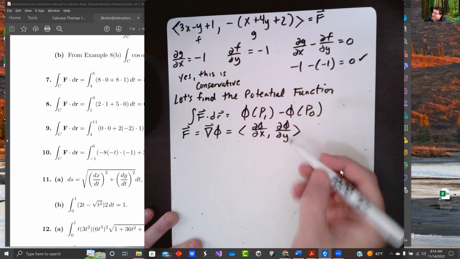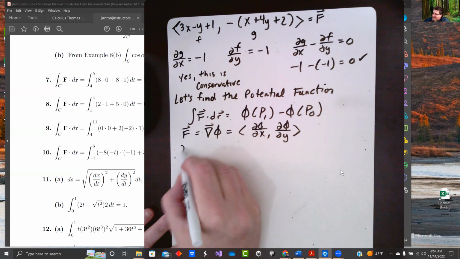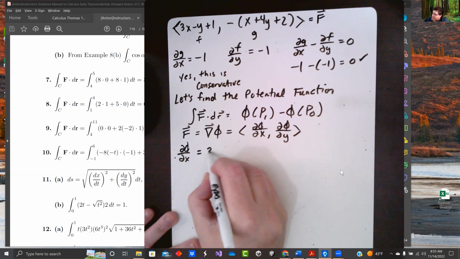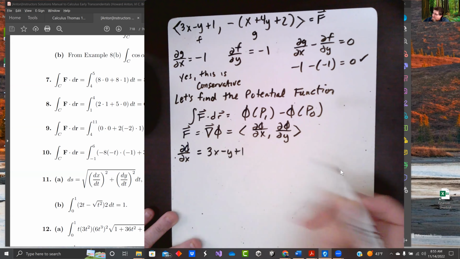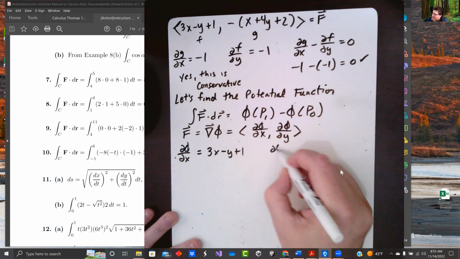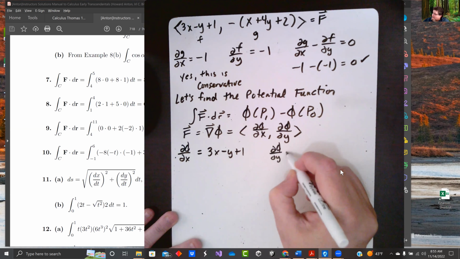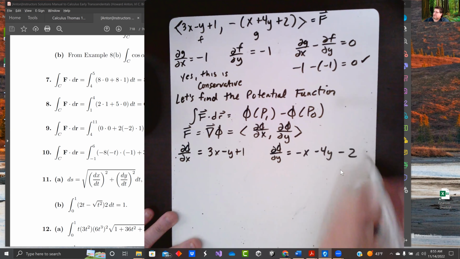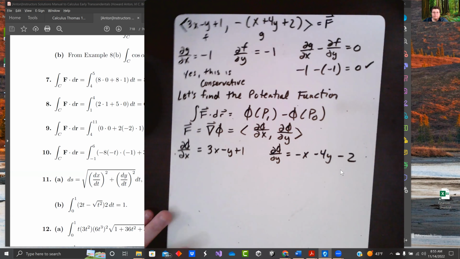All right, so if this is the case, d phi dx has to equal my f component, and my d phi dy has to equal the other one: negative x minus 4y minus 2, if I distribute the negative.